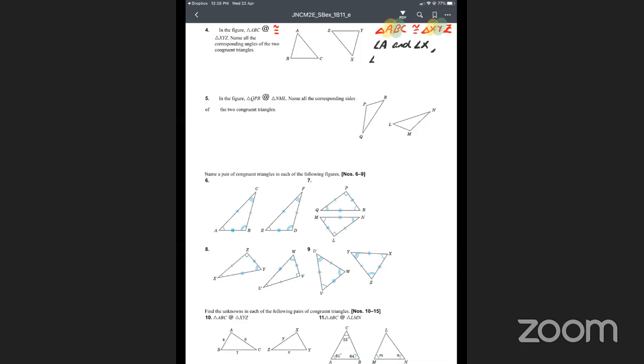And then angle B and angle Y, they are in one pair. And then you use a comma here. And then angle C and this angle Z. Okay, like that.